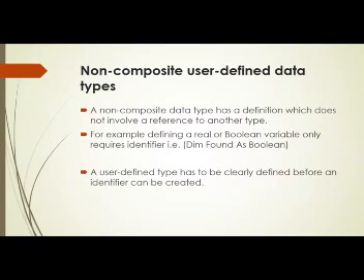Meaning this data type will be a new thing. It will not depend on any previous data types. For example, if I compare this with the built-in data types that we have, a Boolean variable only requires an identifier, like the name of the variable, and we can easily define that: Dim found as Boolean, or Dim name as string, or Dim number as integer.